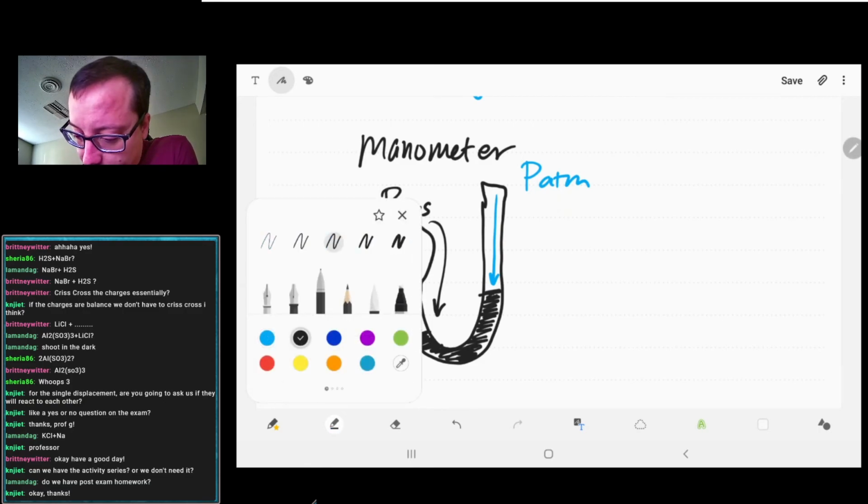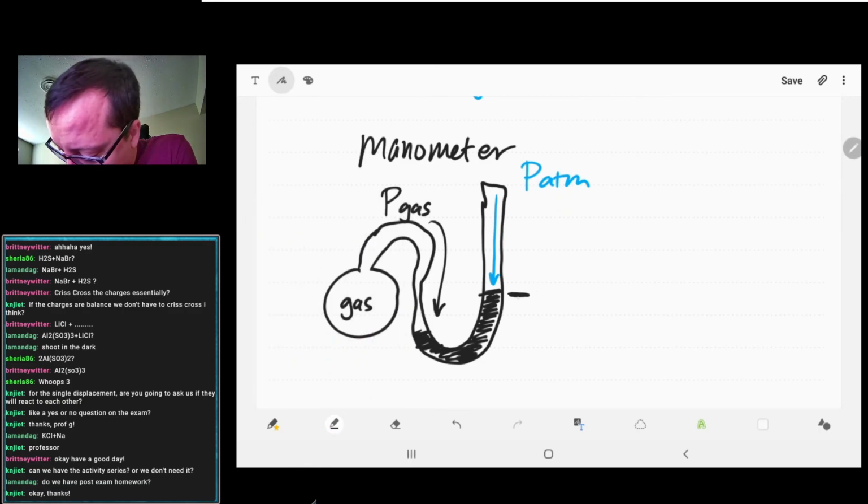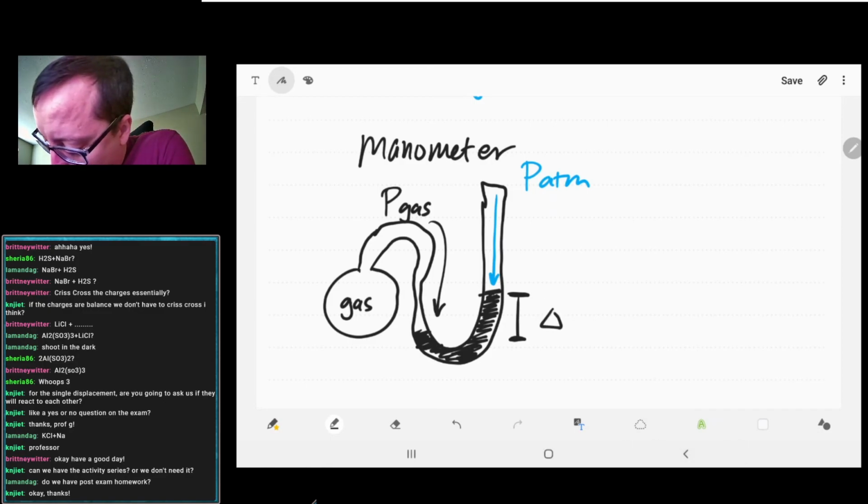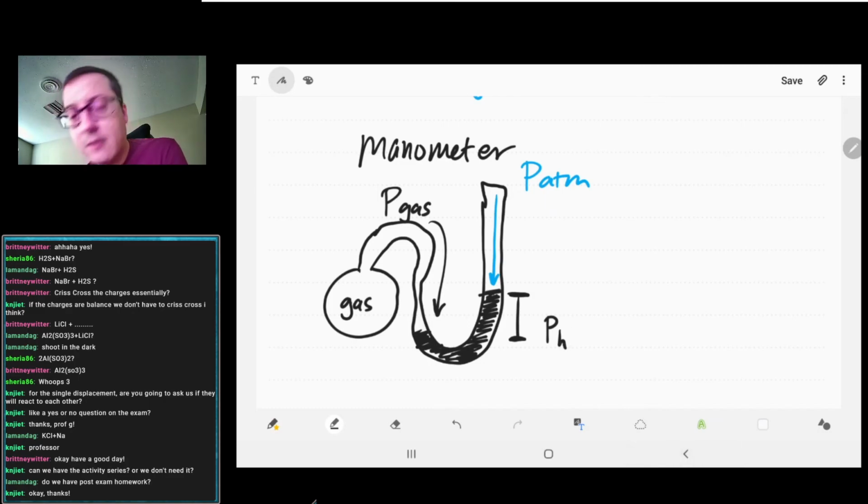And so the difference in the heights of those two levels gives the pressure of the height of the mercury.